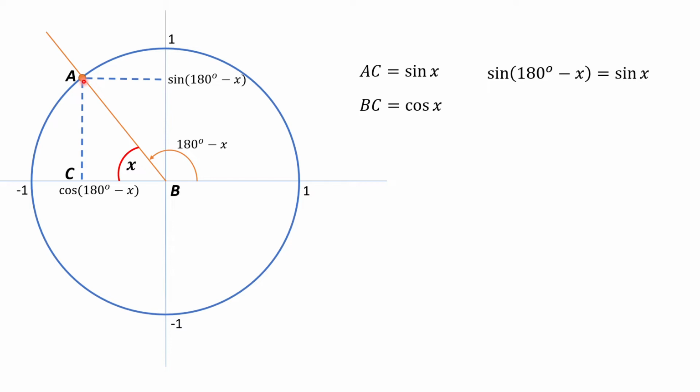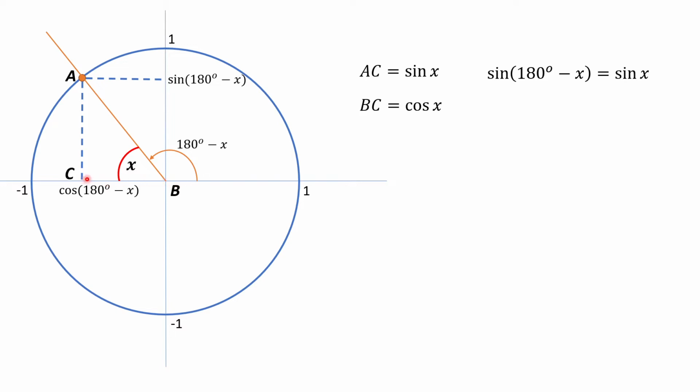Now, if we look at the horizontal coordinate of point A, that is cosine of 180 minus x. And the first thing we can quickly say is, oh, in this case, cosine of 180 minus x should be equal to BC and equal to cosine x.